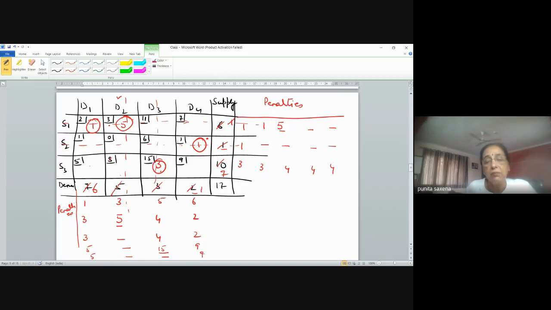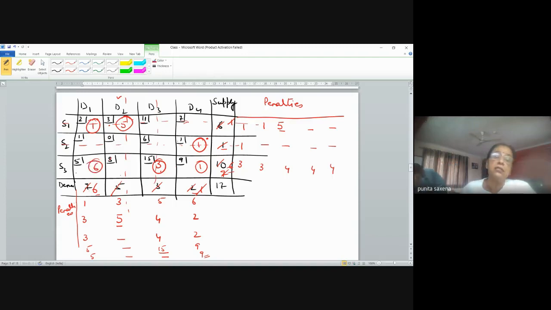So how much is the maximum? 9. So we allocate in this cell. How much can you allocate? Only 1. This gets exhausted. You are left with 6. Now see, you will be left with only one cell where allocations can be made. Right? And you will see that you have no choice.